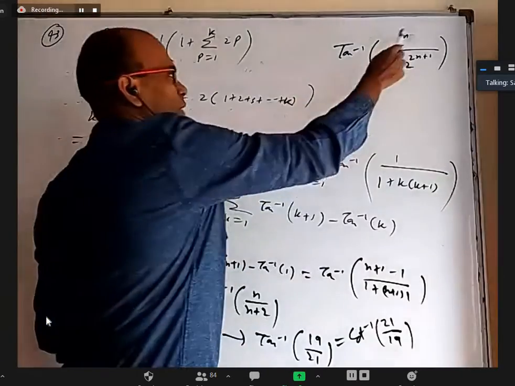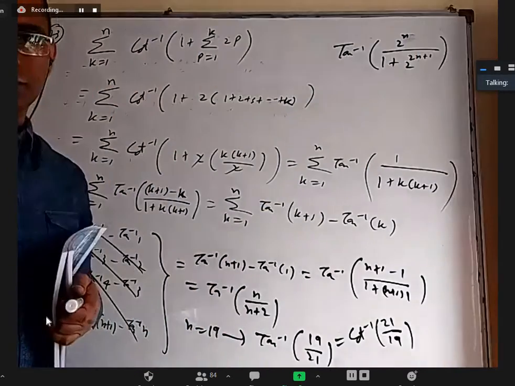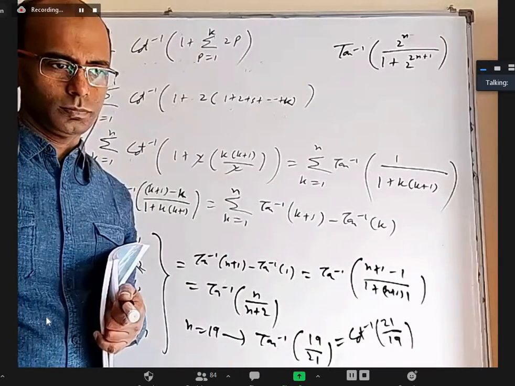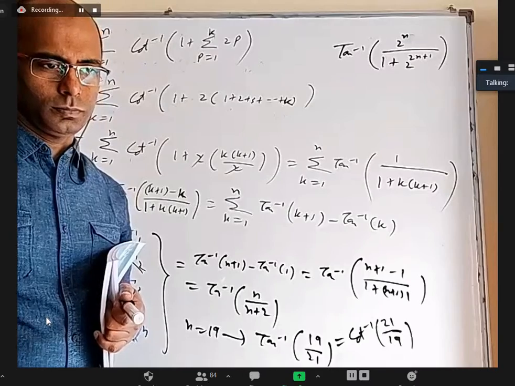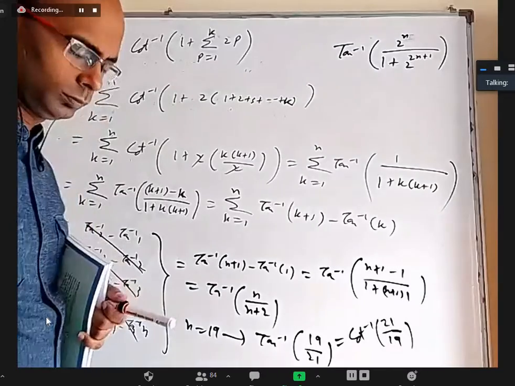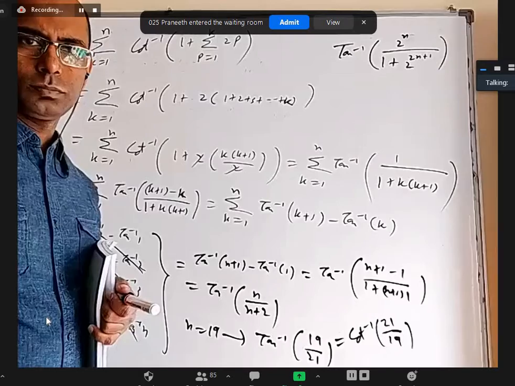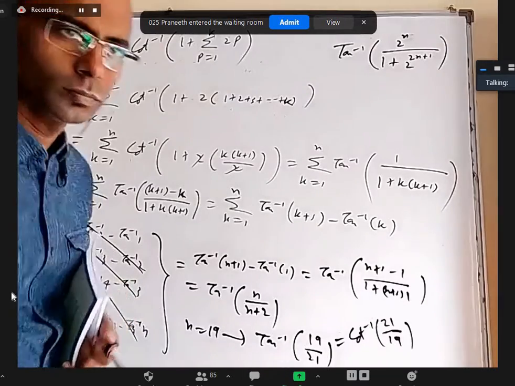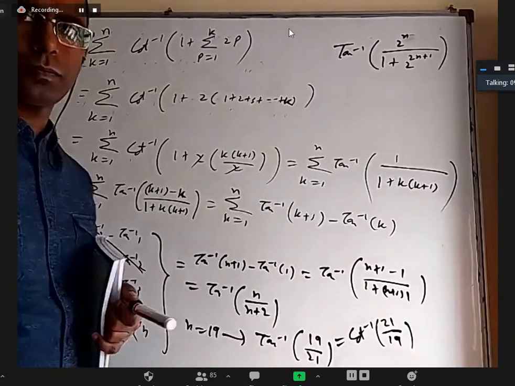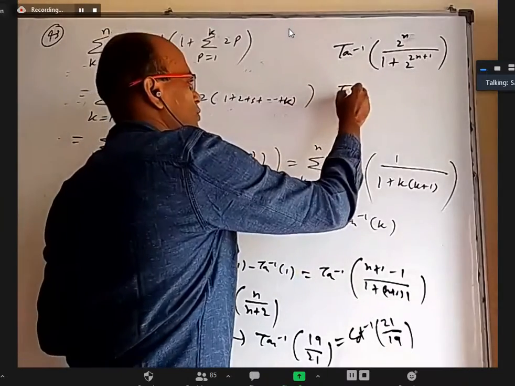This power is 2 power n in the numerator and this is 2 power 2n plus 1. Sir, 2 power n plus 1 minus 2 power n by 1 plus 2 power n into 2 power n plus 1. Yeah, that's 1. Good.